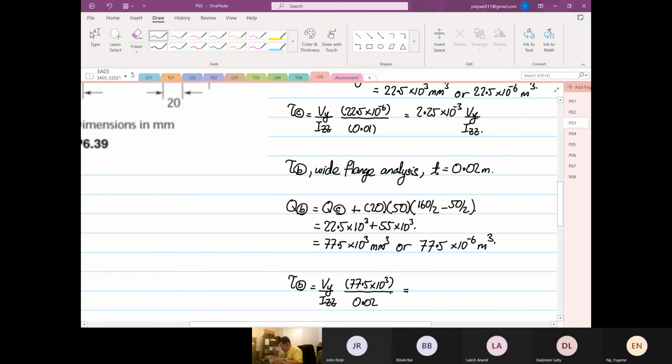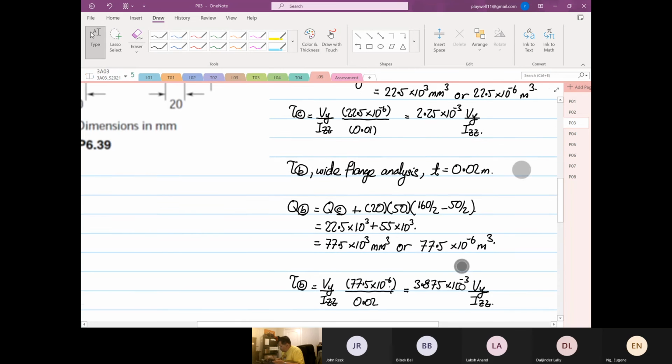So looking at the ratio, 77.5 power minus 6 divided by 0.02 is equal to 3.875 times 10 to the power minus 3, over Vy over Izz.